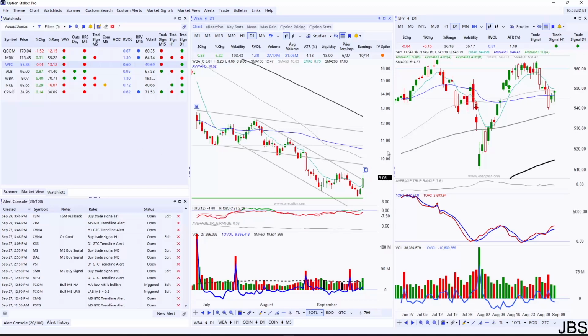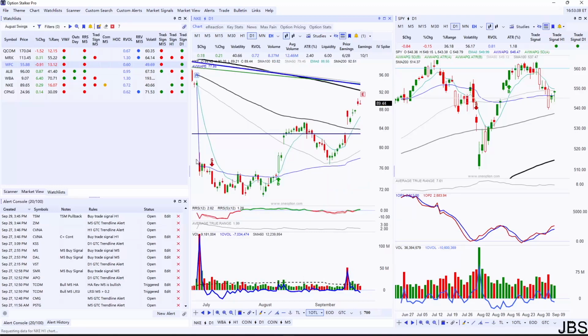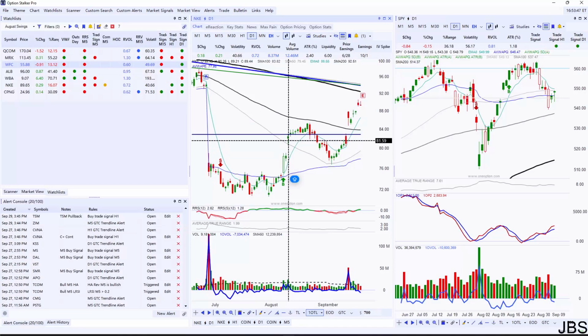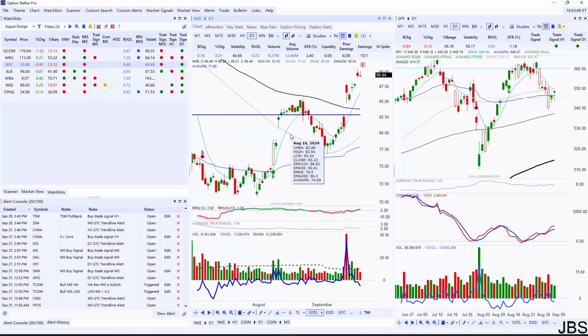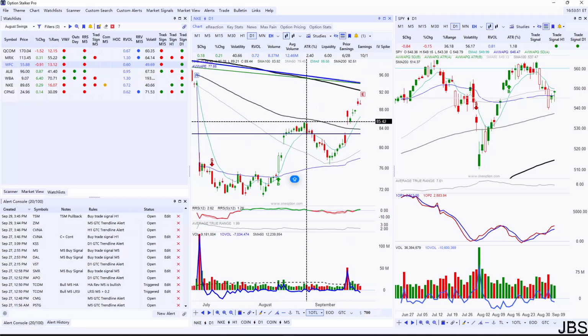I also gave 2 longs as I pivoted to react to what the market was doing. I took Nike as a swing long on the 16th. So I loved this breakout through the gap. We held all the levels here. So here's the stock on the 16th, holding this level, grinding up higher. And then stock isn't making a huge move.